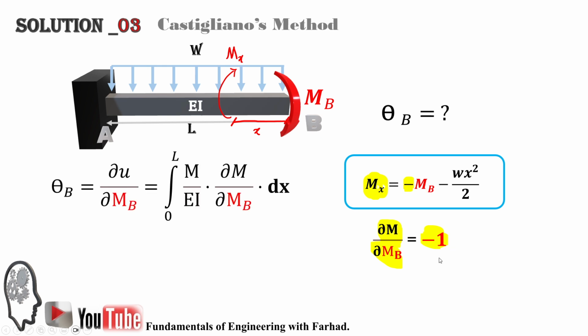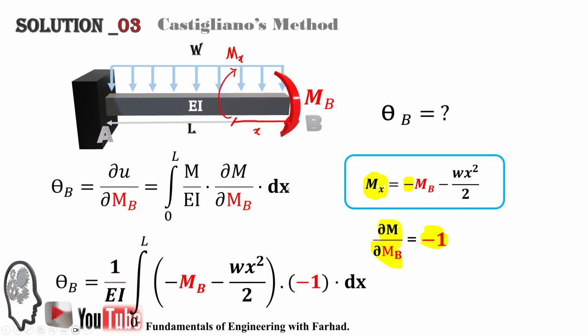Again, theta at b is partial u over partial virtual moment, and it comes from the same equation. And again, this is m over ei. This is the moment part, which comes from this equation. And negative 1 just replaces partial m over partial mb.